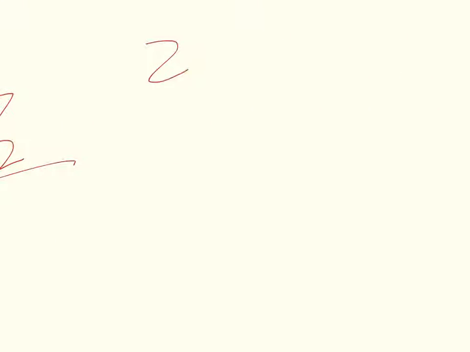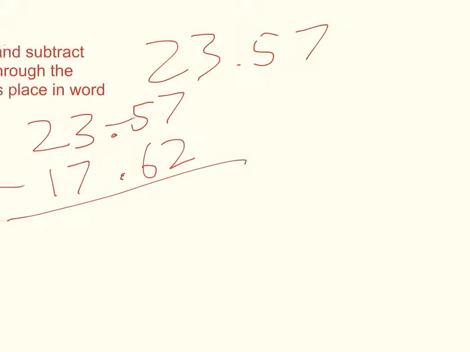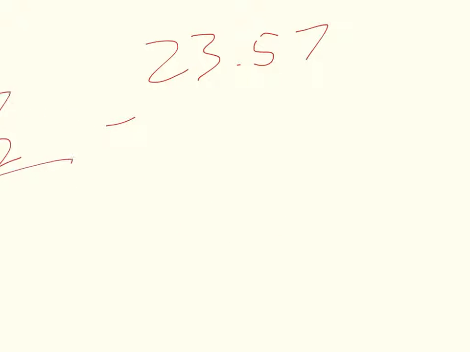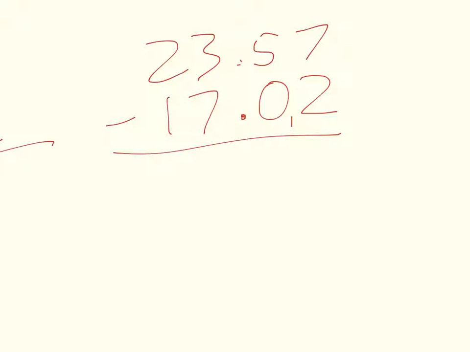So you have 23 and 57 hundredths minus 17 and, instead of doing 62, we'll just say 200. So say you have a 0 there. That's why it's important to line them up. If we line up our decimal points, our place values will line up naturally.